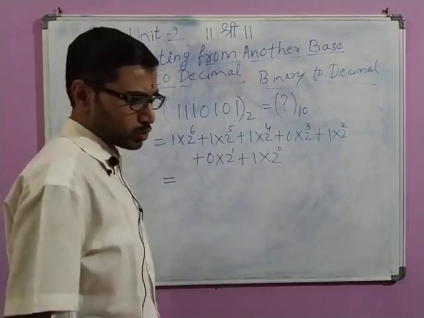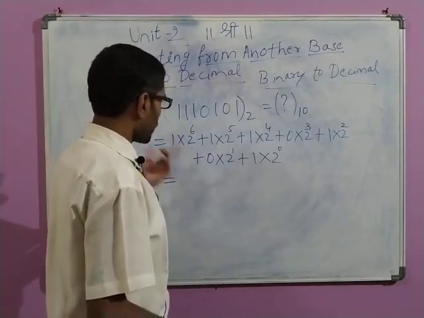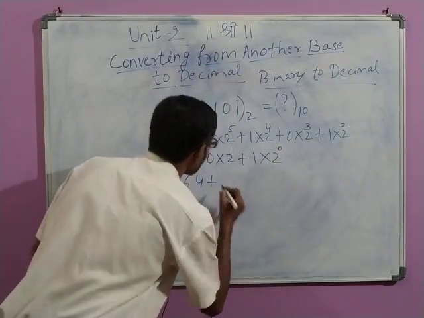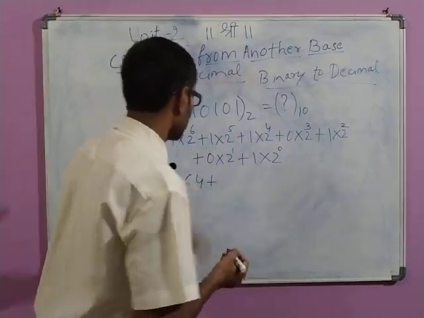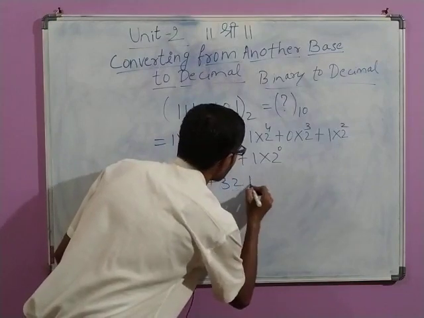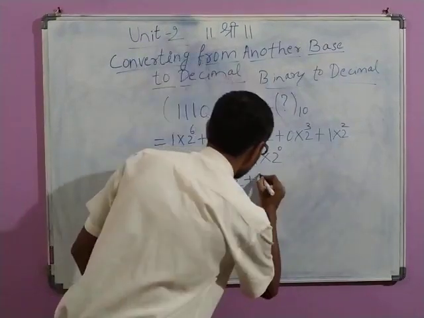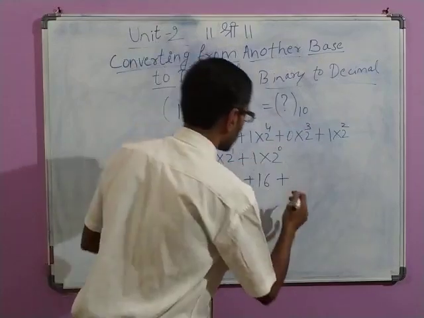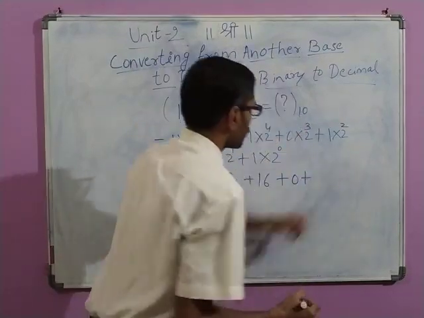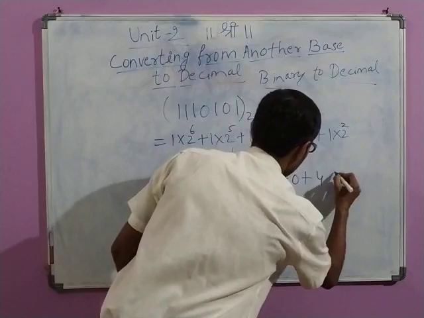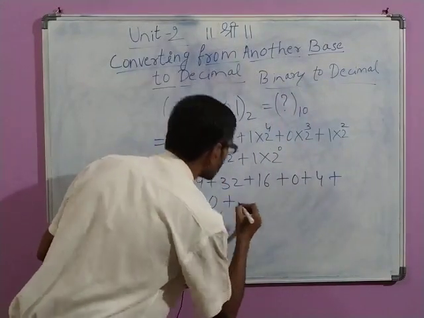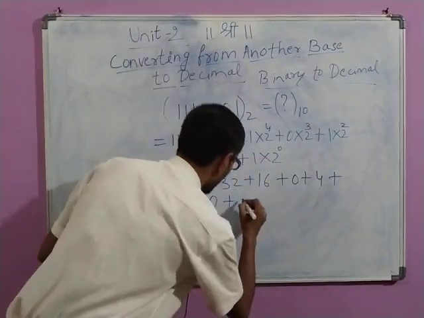So what is 2 raised to 6? 2 raised to 6 is 64. And 2 raised to 5 is 32. 2 raised to 4 is 16. 2 cube is whatever it is, but it is going to be 0. Plus 2 square is 4, plus this will be 0 again, and plus 2 raised to 0 is 1, 1 into 1 is 1.